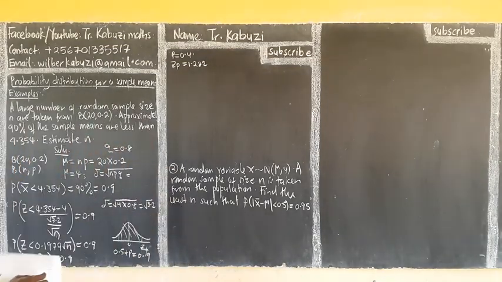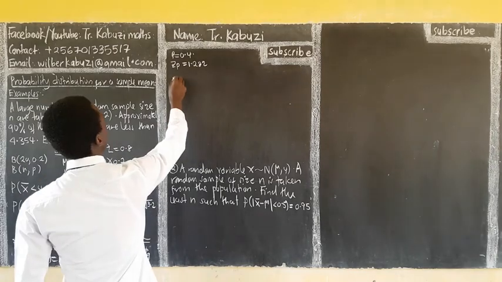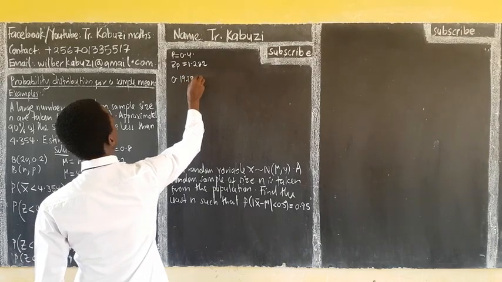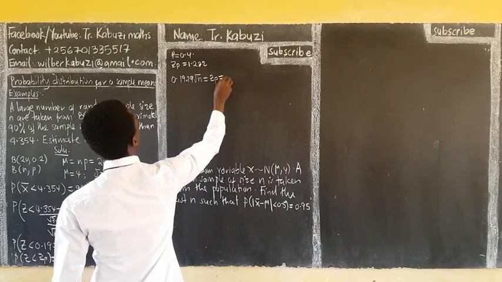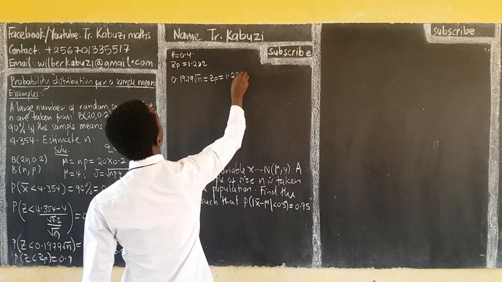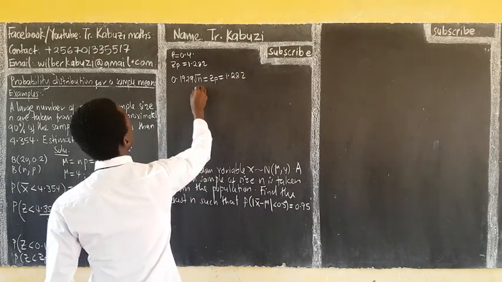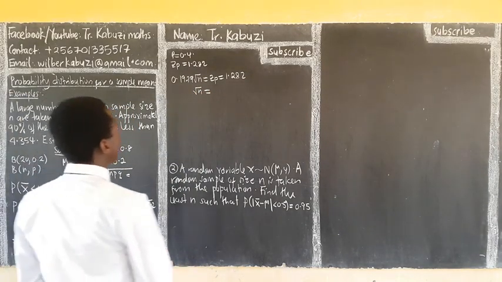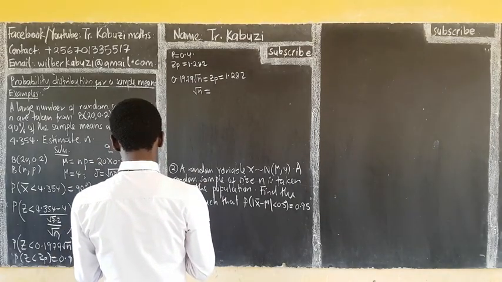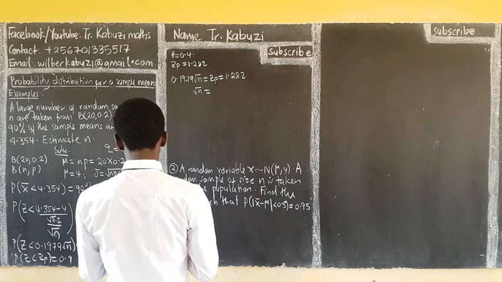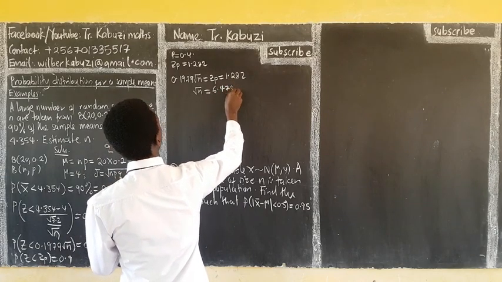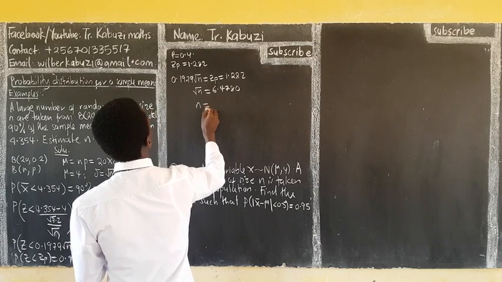So this now means that the whole of this is my zp. From there, 0.1979 root n is equal to zp, equaling 1.282. So my root n is going to be, if I divide by 0.1979, 6.478.